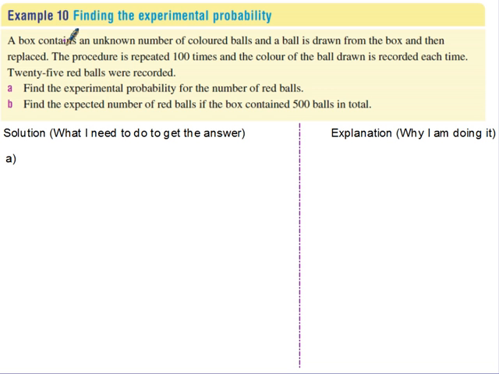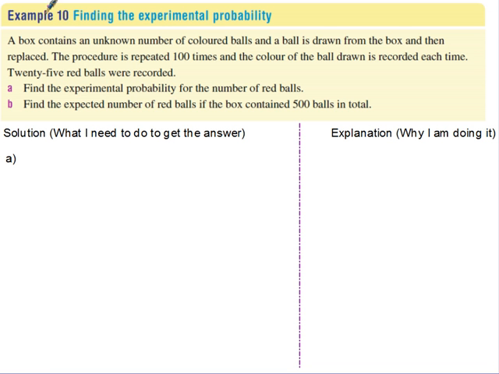First of all, we recognise that because we don't know the number of coloured balls, we don't know which ones are which colours, we don't know how many are in the box, it's not possible for us to calculate the probability of any event in the way that we've been used to doing it. We can't say, okay, there's this number of balls and there's this many of them that are red or blue or whatever, and calculate the probability that way.